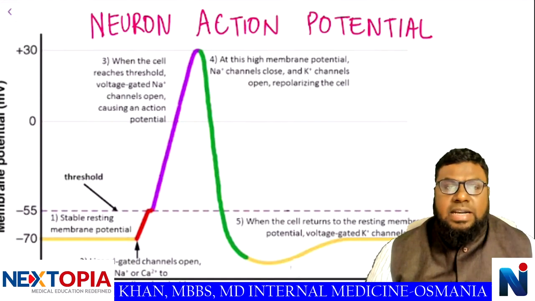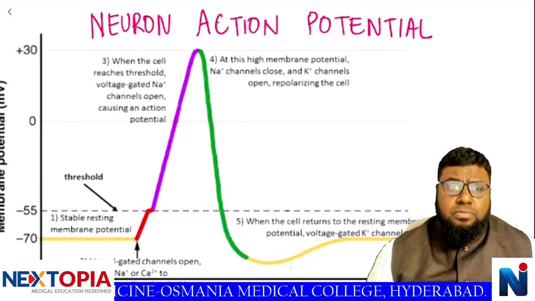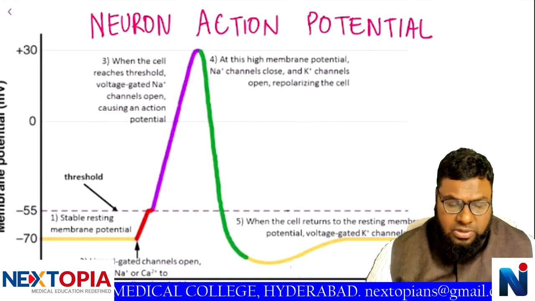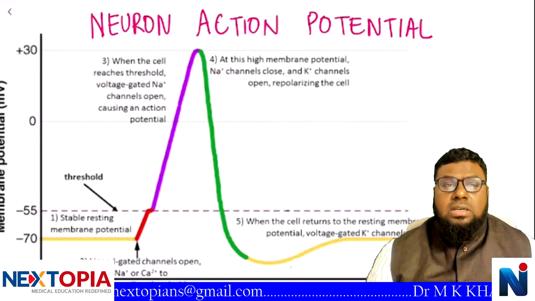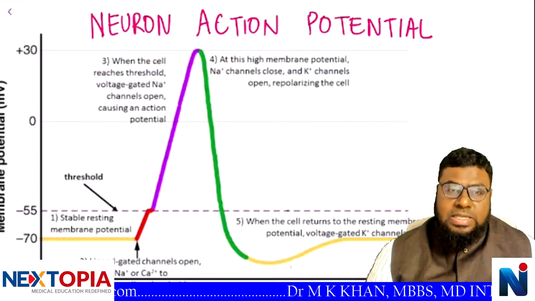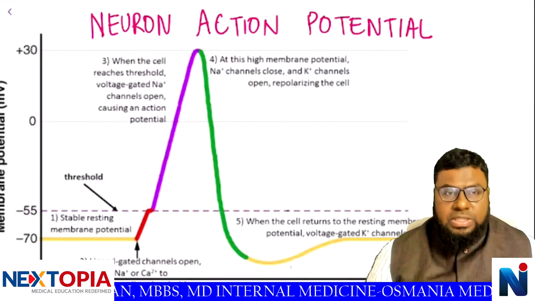It helps us in understanding the properties of this action potential, and why it is essential for the transmission of signals across nerves, muscle types or different cell types. What is action potential?